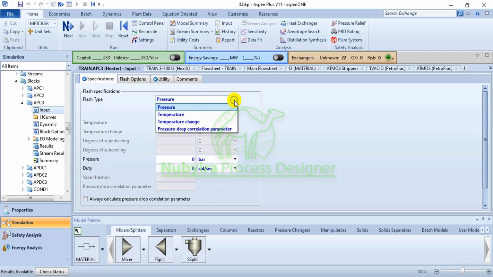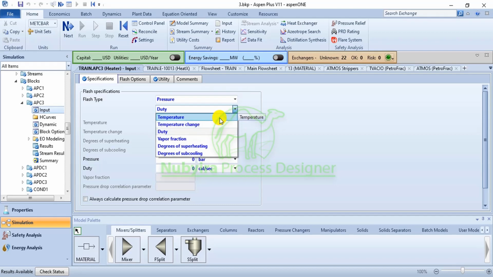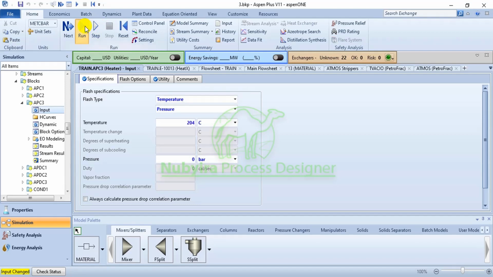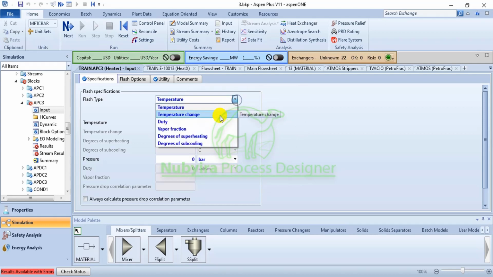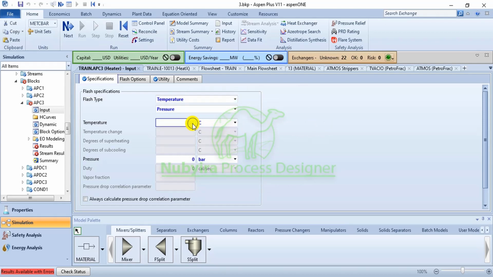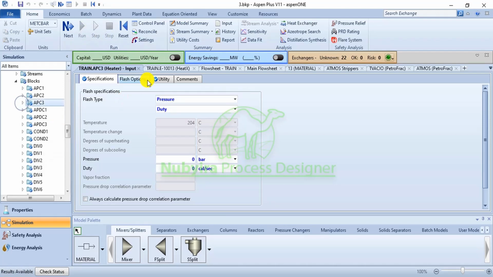Let's see if it is going to work again, because it's just some bugs. It's supposed to take it at the same temperature. It's still not working. Okay, let's leave it at 0. Let's leave it like this so that we can do our thing.